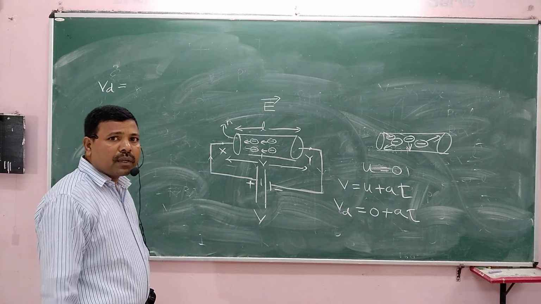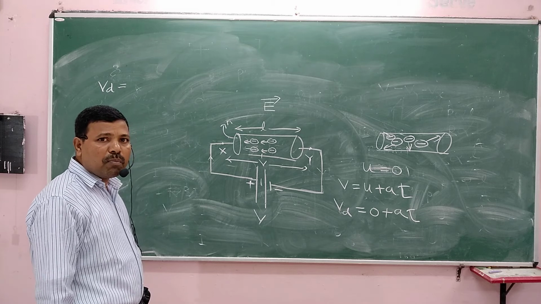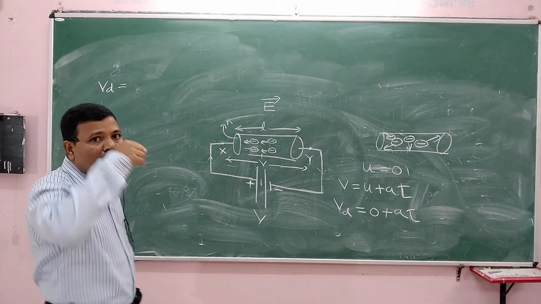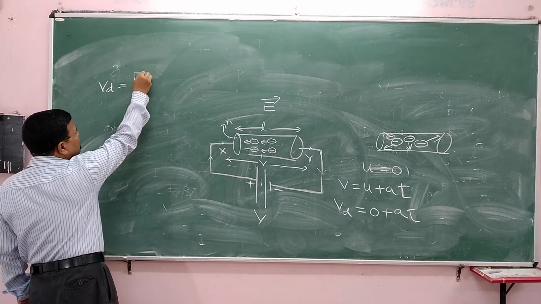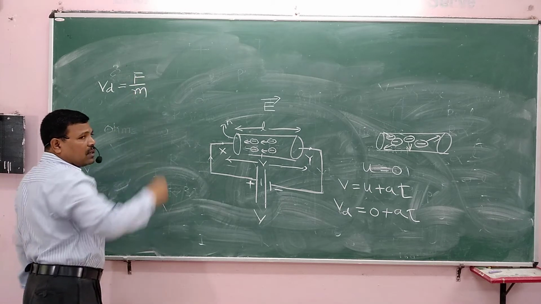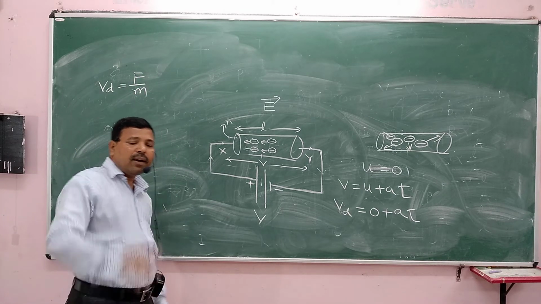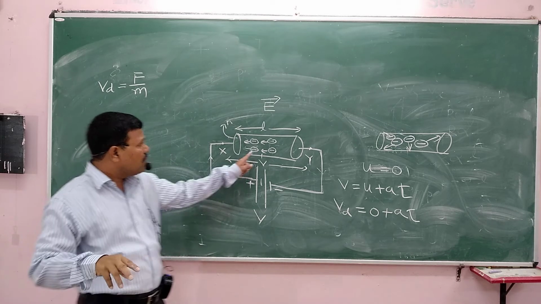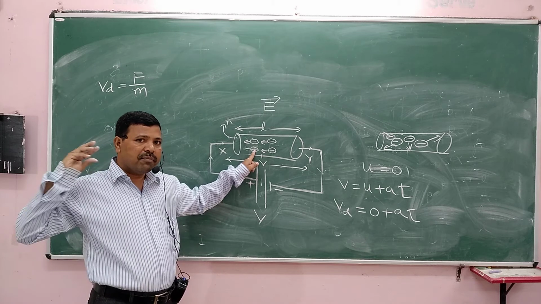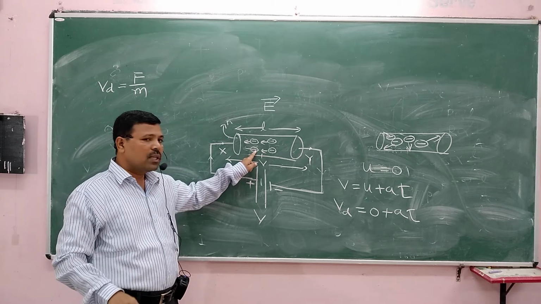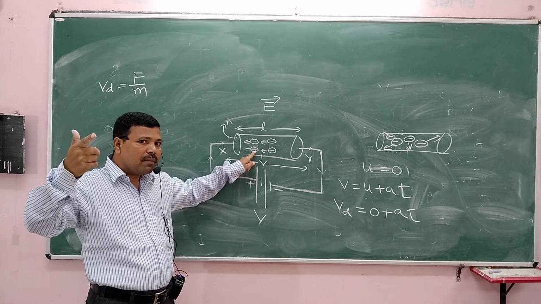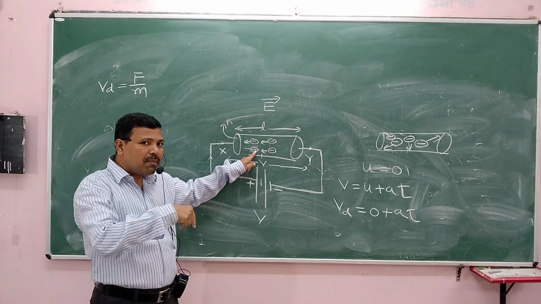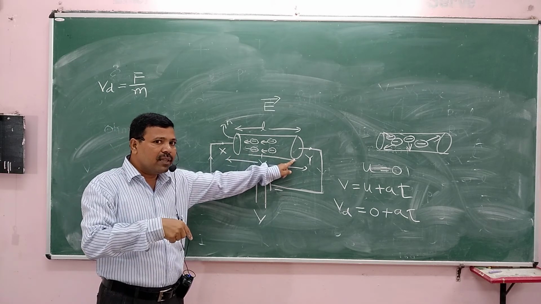According to Newton's second law of motion, acceleration is force by mass. In 9th class we studied F is equal to ma. m means the mass of the electron. F means the electric force experienced by the electron when the electric field is applied.